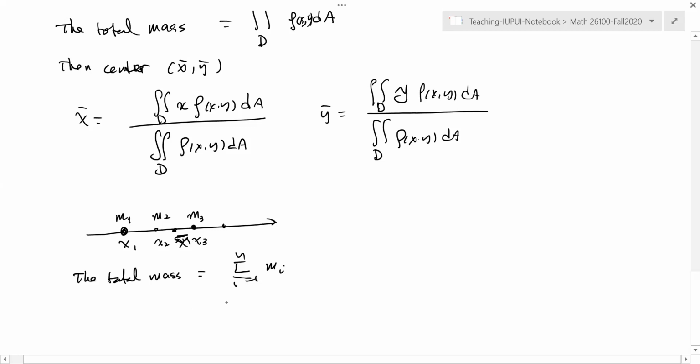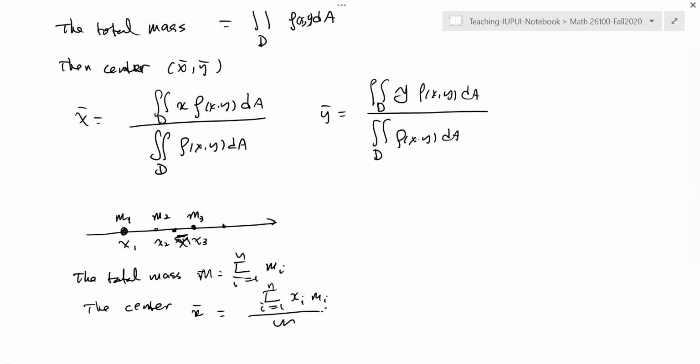So then the center x bar is going to be the sum of xi mi divided by m. So coming from this formula, you can derive the above formulas. This is just one dimension.